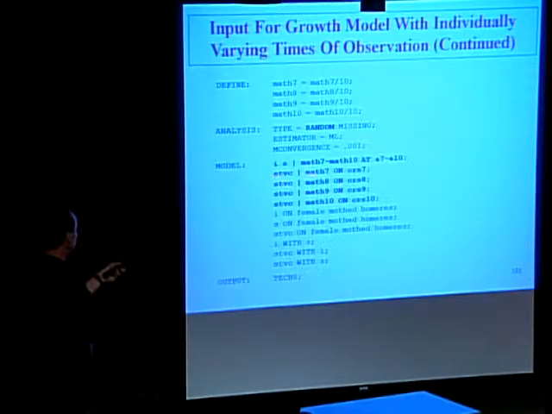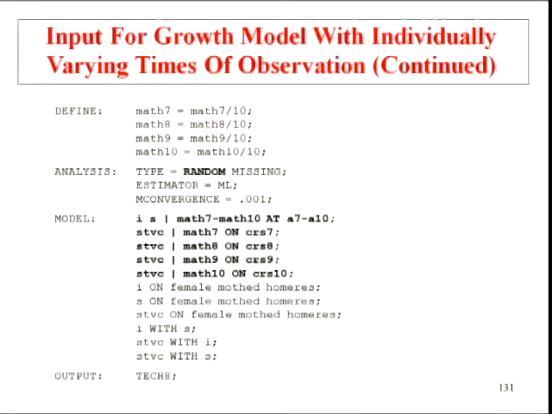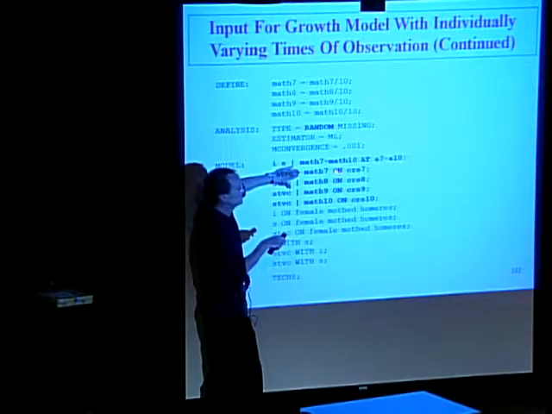It says that when we regress math 7, say, on course taking at grade 7, that slope is not fixed, but it is random. So we give that random slope the name STVC. If you didn't say STVC bar here, then that would be a regular fixed slope, with no variance for it.